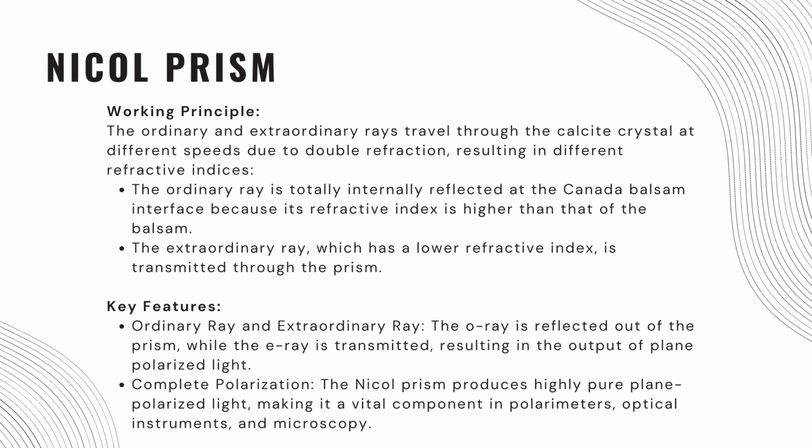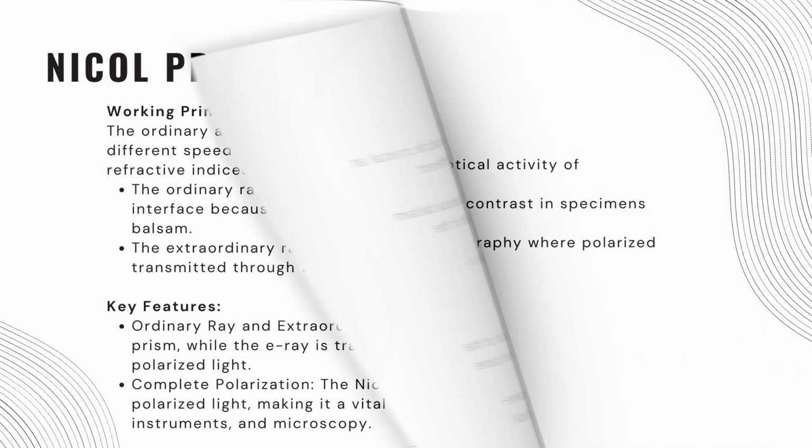The ordinary ray is totally internally reflected at the Canada balsam interface because its refractive index is higher than that of the balsam. The extraordinary ray, which has a lower refractive index, is transmitted through the prism.